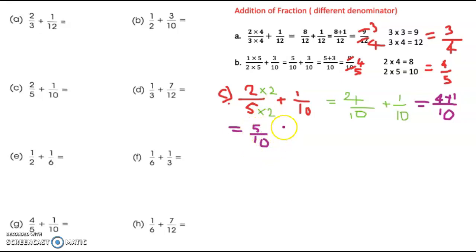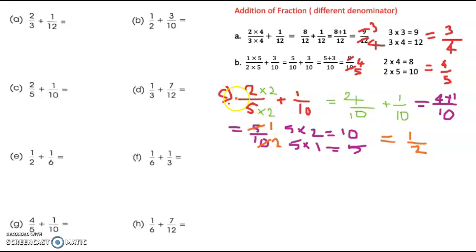Yes, because 5 times 2 we get 10, and 5 times 1 we get 5. So we cut 5 and write 1, and we cut 10 and write 2. So our final answer is 1 over 2, the simplified answer.